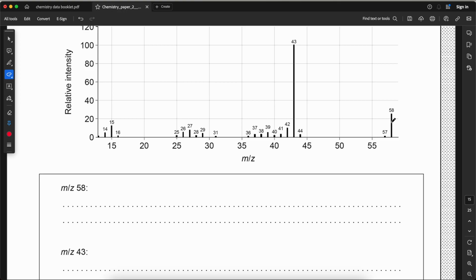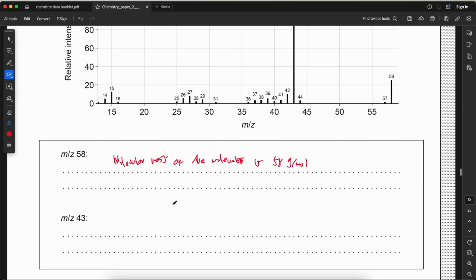Okay, so the molar mass of the molecule is 58 gram per mole.